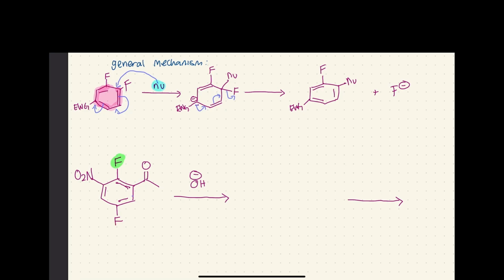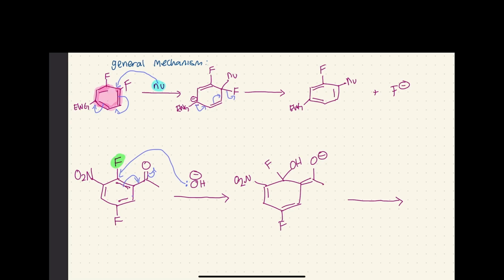So for my mechanism, I'm going to take my lone pair of electrons from the nucleophile. I'm going to push to the carbon, and then I'm going to push up through the electron withdrawing group. I still have my nitro. I still have this fluorine, but now I push my electrons up to oxygen, and I've formed a bond with the nucleophile.